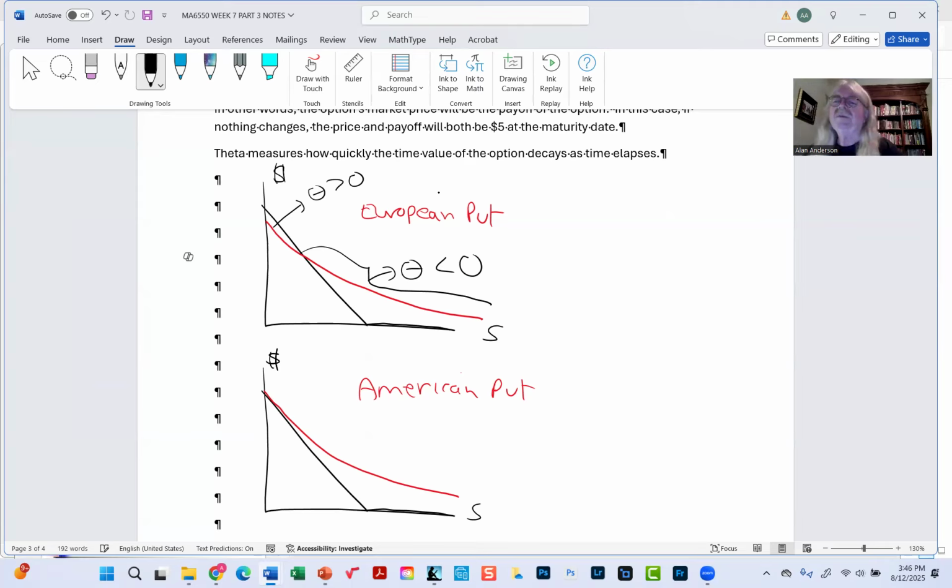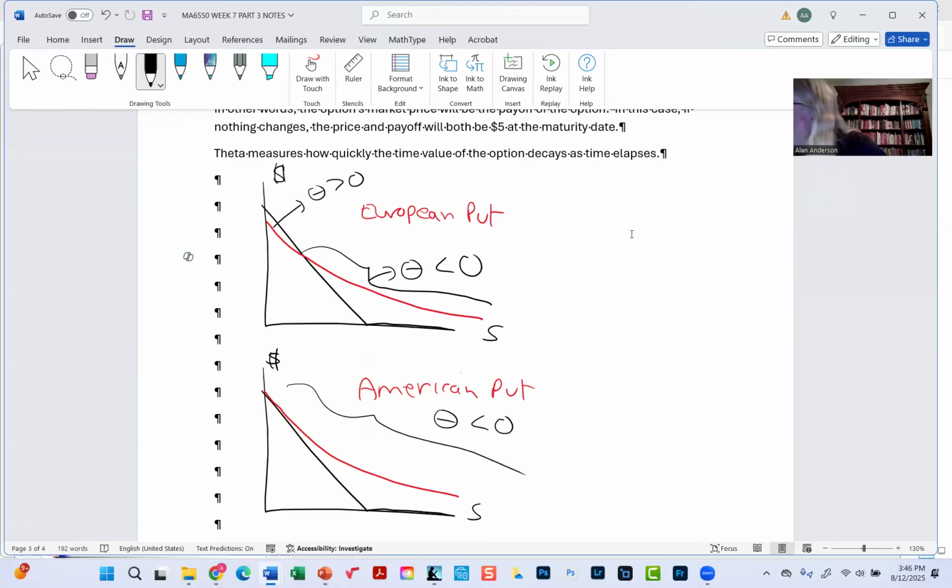And of course, that whole area is probably exaggerated. It would probably be, in reality, just this part in the upper left-hand corner. But anyway, down here, no matter where we are, the theta is negative, which is what we would expect, because the red curve is getting closer to the black curve and the time value is shrinking.